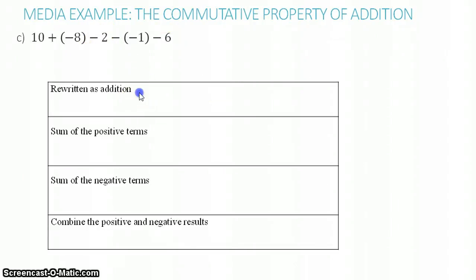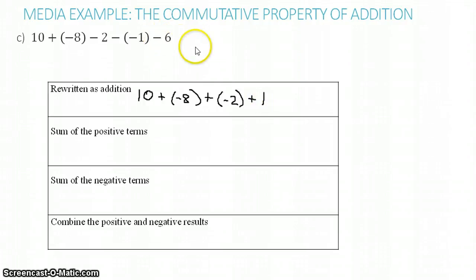So rewriting as addition, we have 10 plus -8. Now instead of -2, we're going to put plus -2. Instead of minus -1, we're going to put plus +1, or just plus 1.